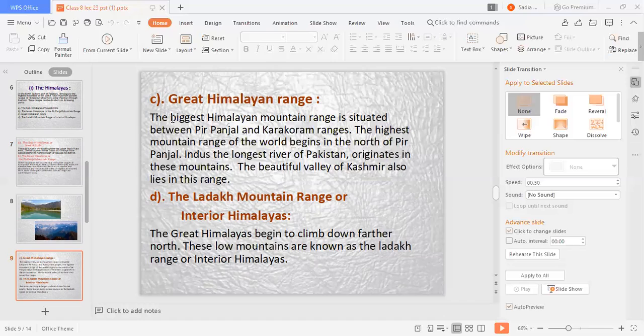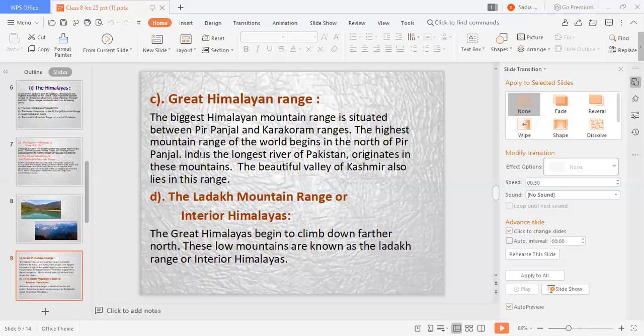Okay. So we can see that the biggest Himalayan mountain range is situated between... there are some most important points. You can see that the biggest Himalayan mountain range is situated between Pir Panjal and Karakoram range. Then the highest mountain range of the world begins in the north of the Pir Panjal.